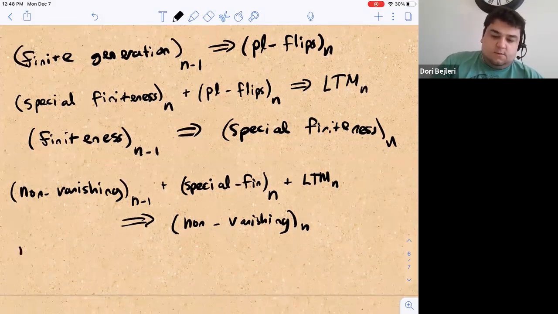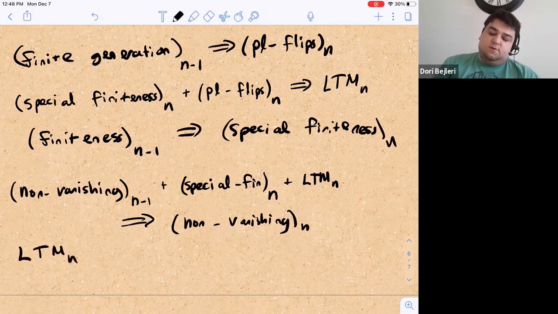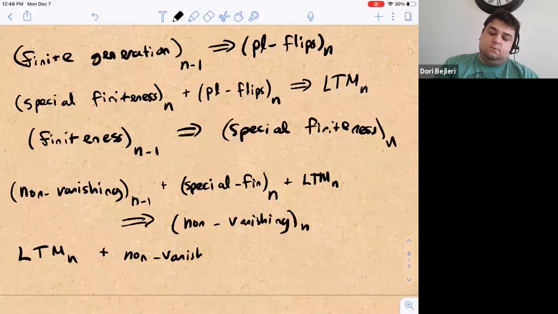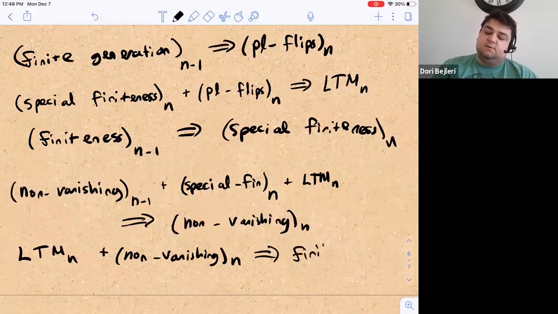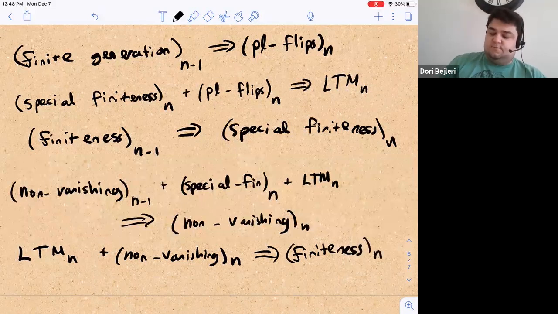And then log terminal models in dimension n plus non-vanishing in dimension n, they show implies finiteness of models in dimension n. This one I don't really have a good way to give the idea for, but that's what they prove.